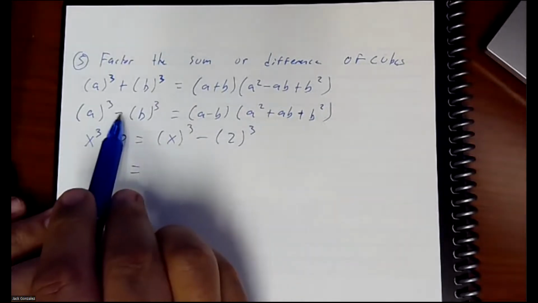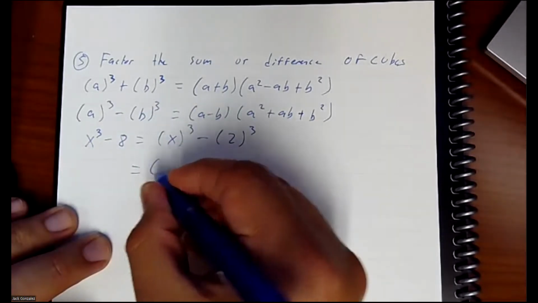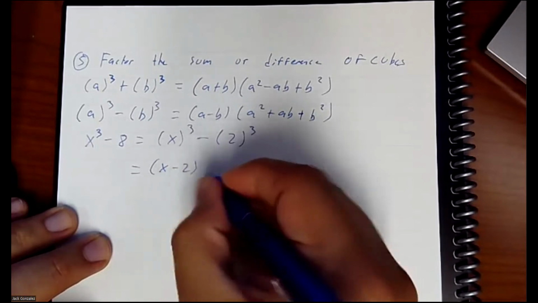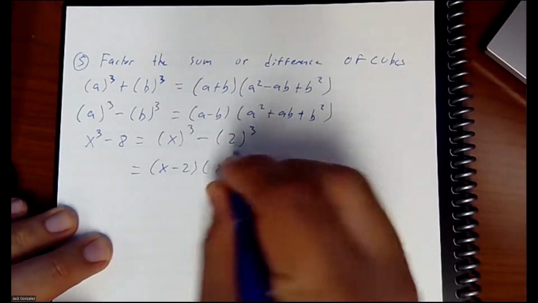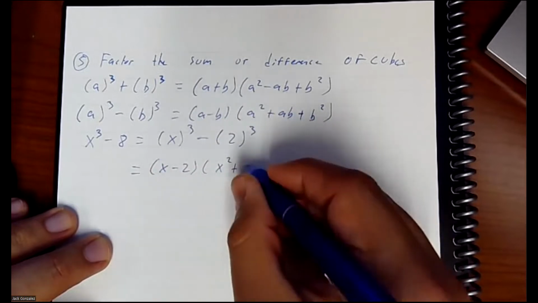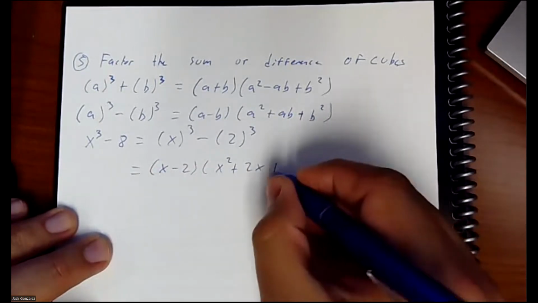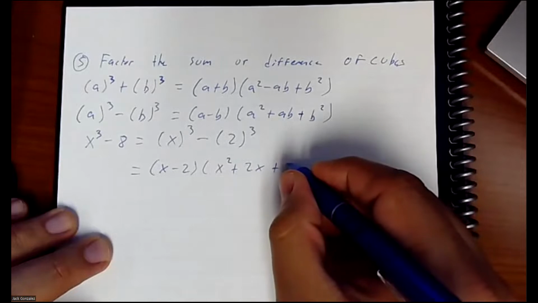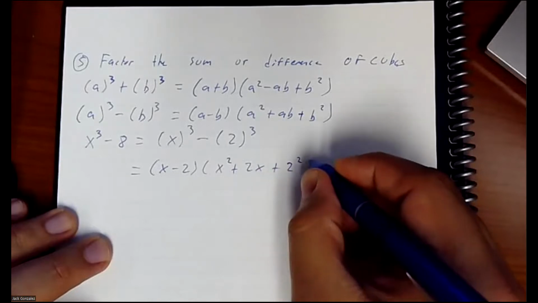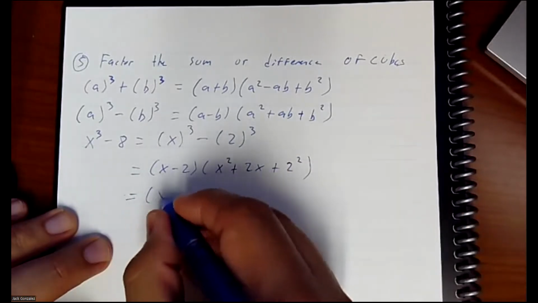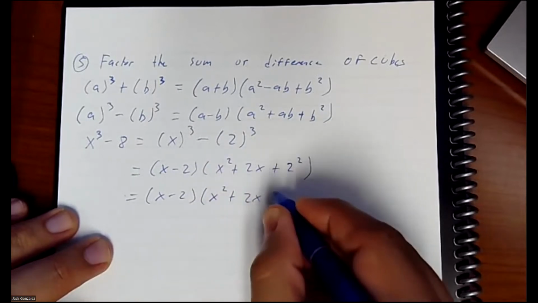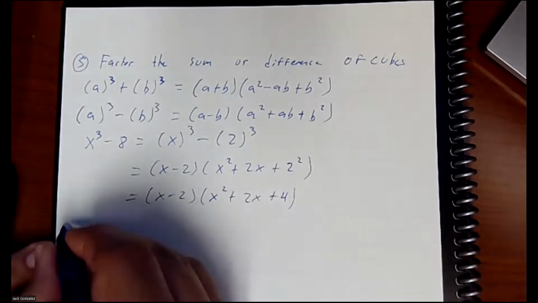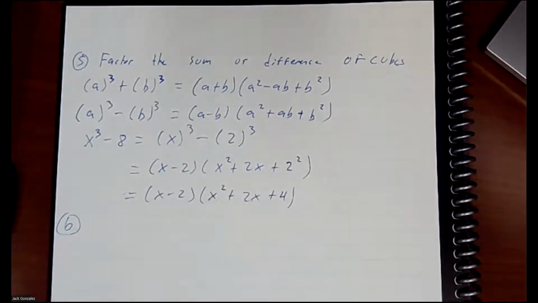So it's going to be the second one: x minus 2 times x squared plus x times 2 plus 2 squared. Any questions on number 5?